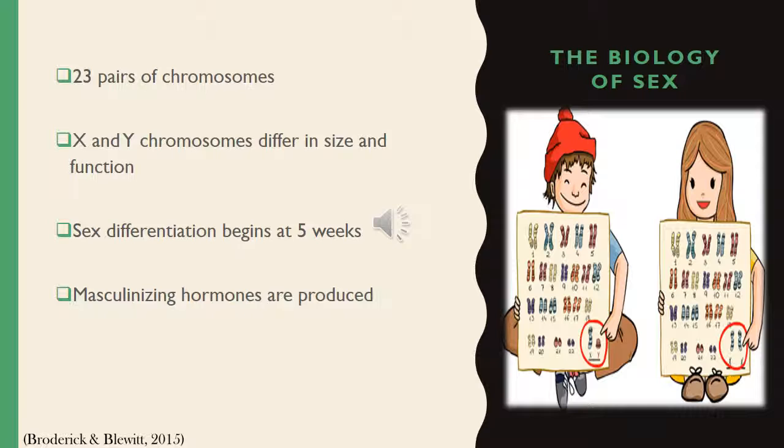To start off, this chapter highlights some of the differences in sex differentiation that begins right around 5 weeks for fetuses. There are 23 pairs of chromosomes, and if your 23rd pair, which determines sex, has an XX, you're typically going to develop female genitalia, and if there's an XY, you're typically going to develop male genitalia.